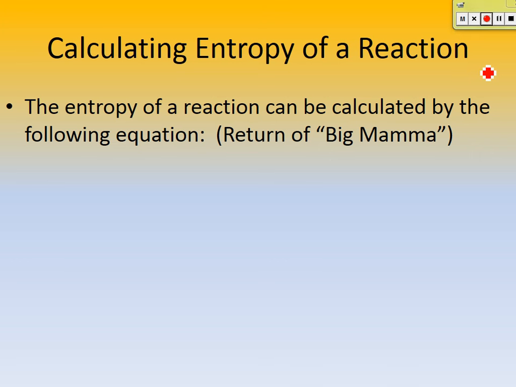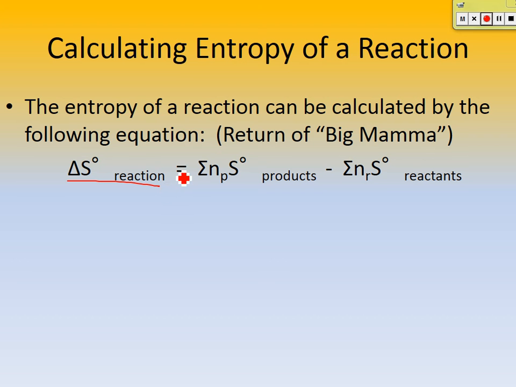Okay, so the return of the Big Mama equation. We've seen it before, so it should look familiar. If you're calculating the change in entropy for a reaction, it's equal to the sigma sign, which means take the sum of, n_p, the number of moles of product times the entropy value of that product, minus the sigma sign again times the number of moles of the reactant times the entropy value for each reactant.